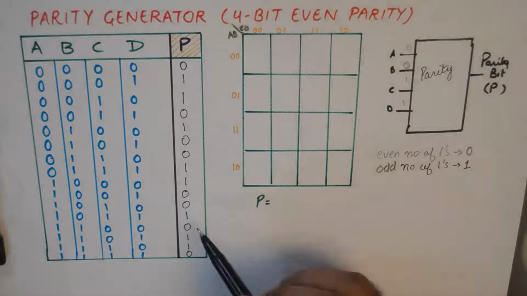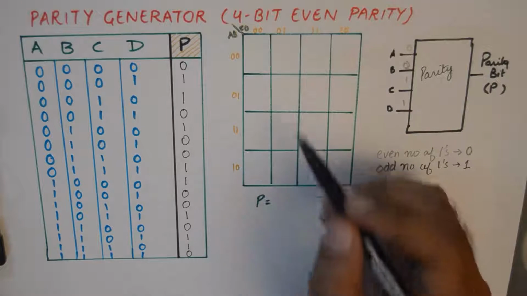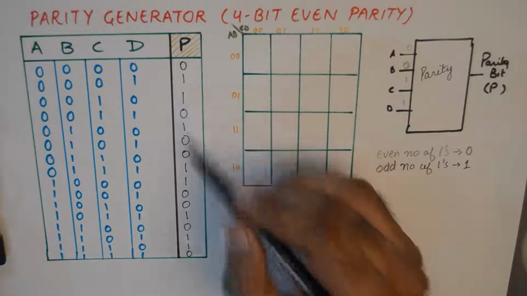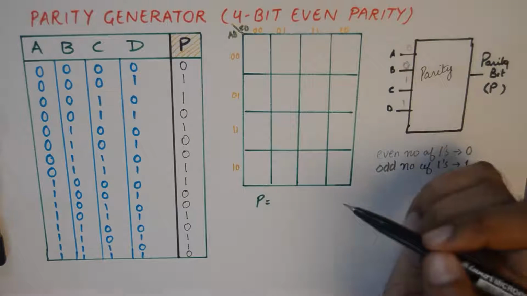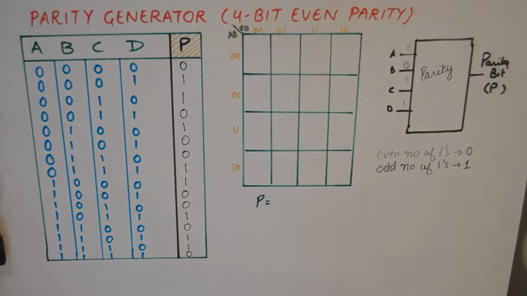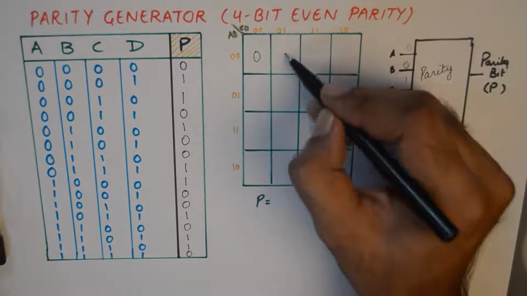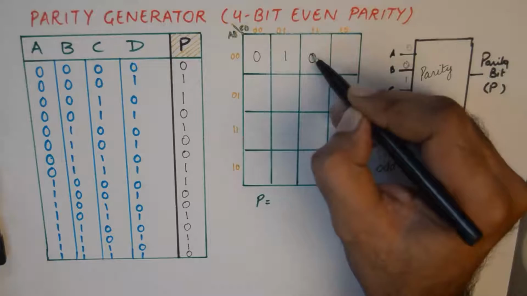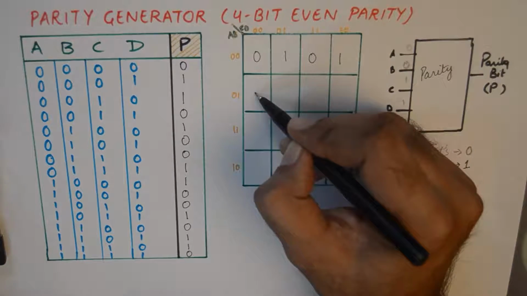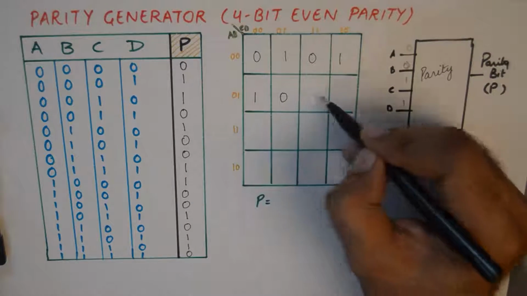Once the output column is filled up, we can put these values in the K-map. So putting the values in the K-map will give me a combination like this.